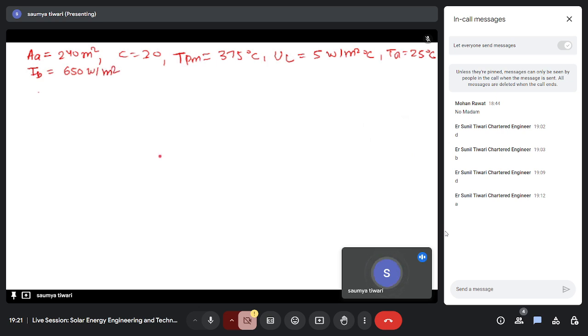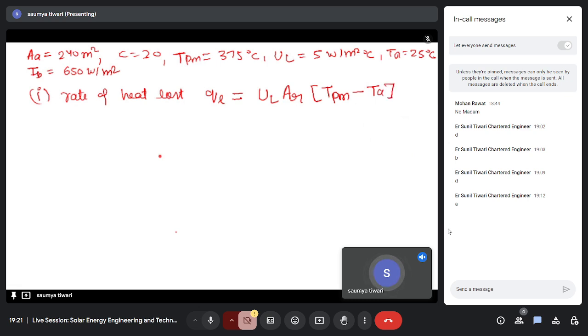Now to calculate the rate of heat loss, the QL will be equal to your overall heat loss coefficient into the area of your receiver or absorber, into the absorber temperature minus your ambient temperature.